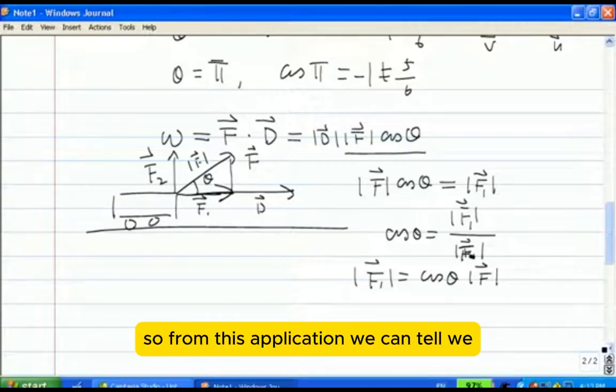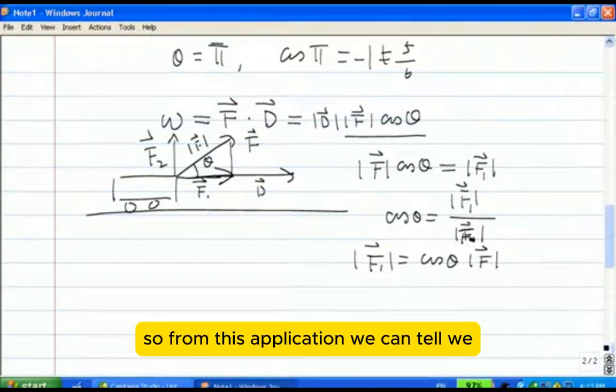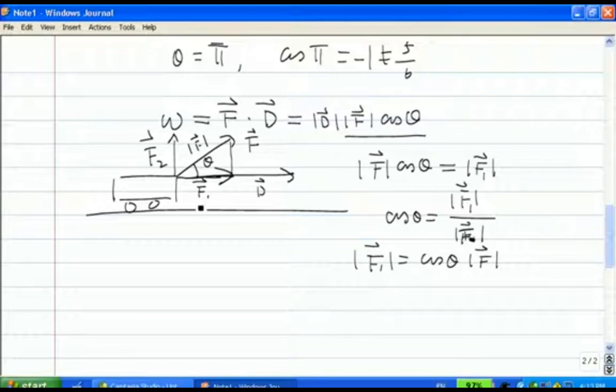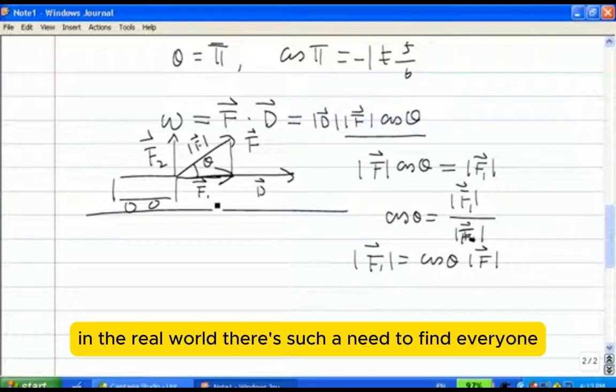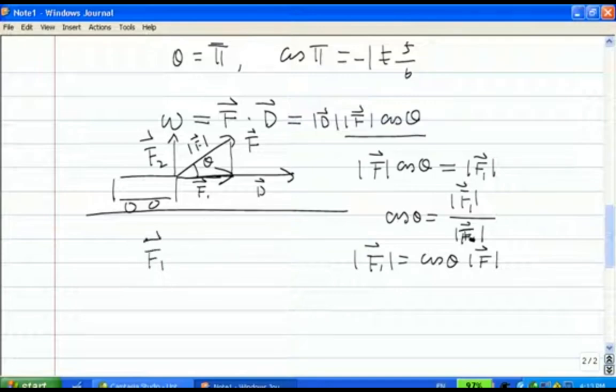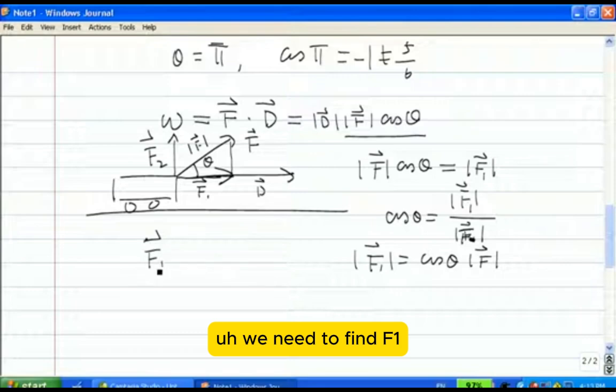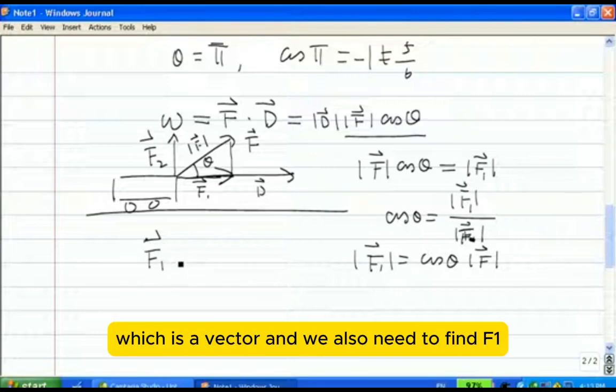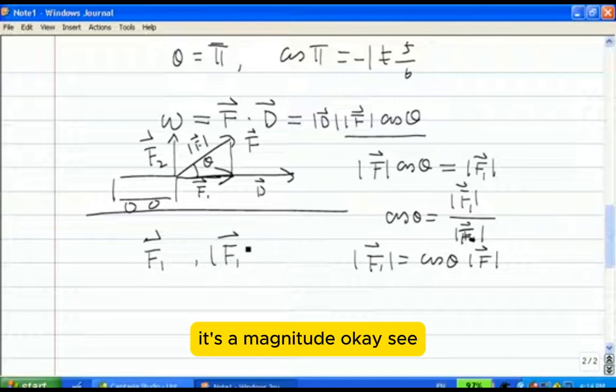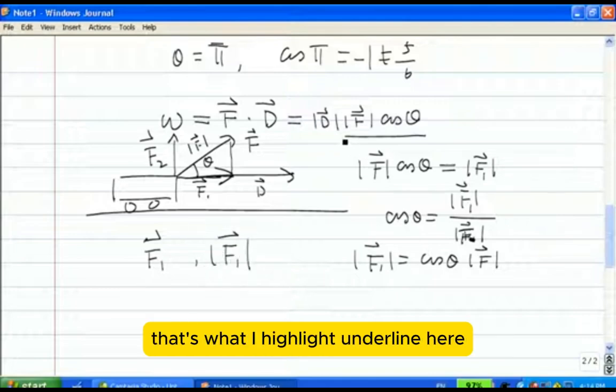So from this application, we can tell in the real world, there's such a need to find F1. We need to find F1 as a vector, and we also need to find F1 as a magnitude. That's what I underline here.